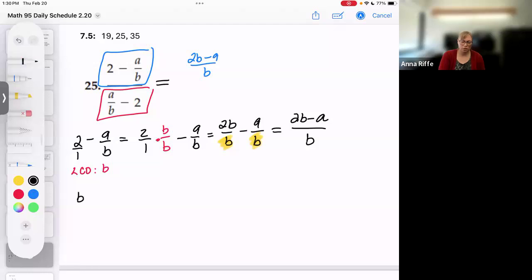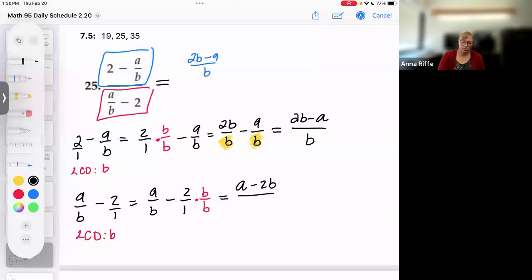This second expression is almost the same. We're just subtracting the 2 instead of subtracting the a over the b. So my least common denominator will again be b. So my first term does not change. My second term, however, I have to write with a denominator of b. So I have to multiply by b over b. So that gives me a minus 2b over b.